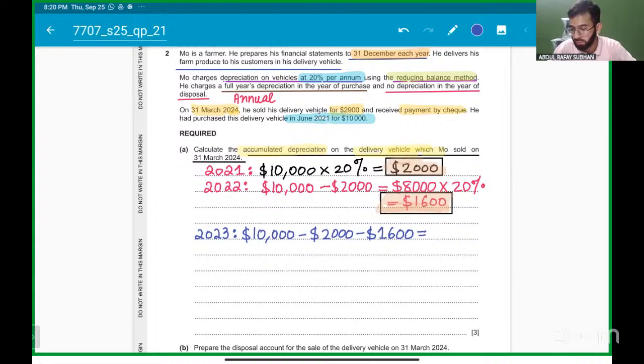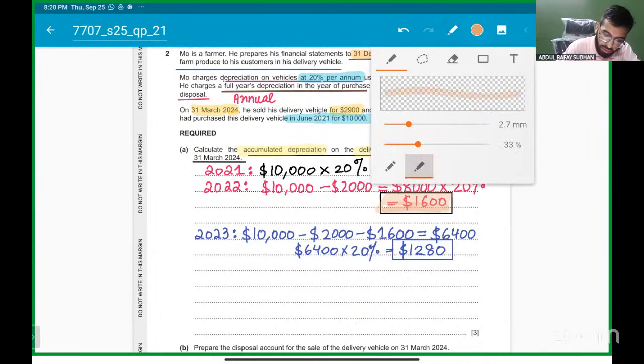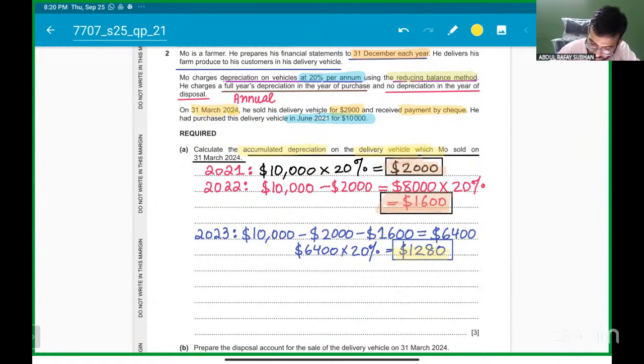Whatever the calculator gives, that is 10,000 minus 2000 and minus 1600. So we are getting 6,400 as the net book value, and 6,400 into 20% is the third year of depreciation. Am I audible? Everyone following, understood? So this is 1,280 as the third year of depreciation.